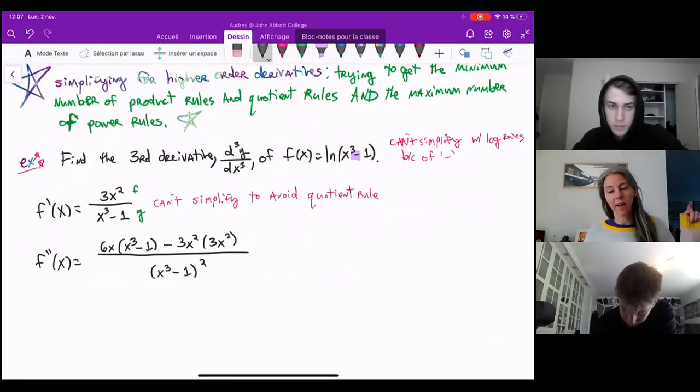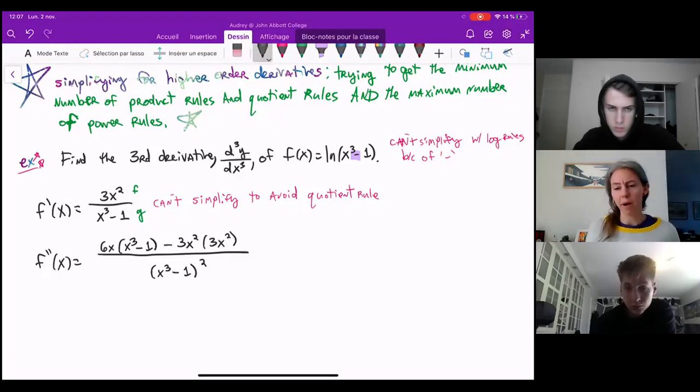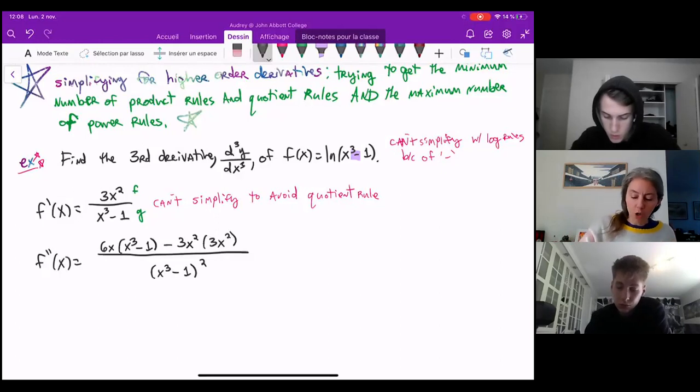Now, can I simplify this? I really have two options here. I can just expand and combine like terms, but I'm going to find the greatest common factor, because one of the things that we've talked about a lot in this class is factoring out the greatest common factor. So what is the greatest common factor of the numerator?